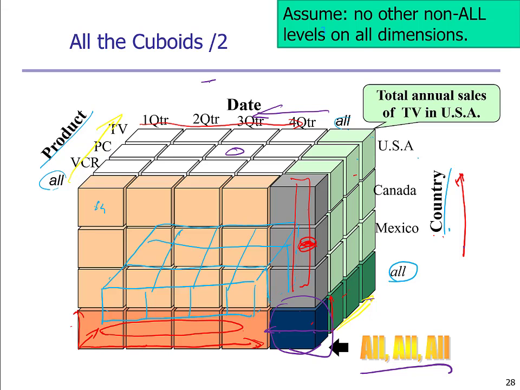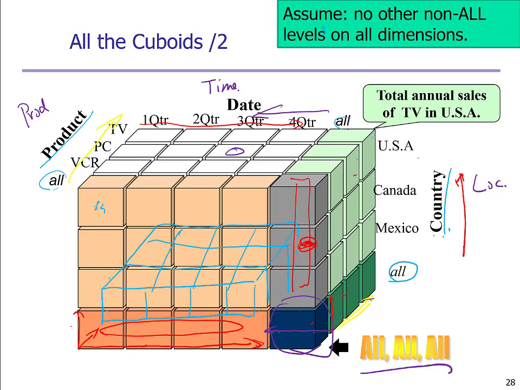For example, the dimension name of date should be time, of country should be location, of product should be, I don't know, just say it's prod or whatever. Okay, these are the dimension names. But what we are talking about is the level name. Okay.